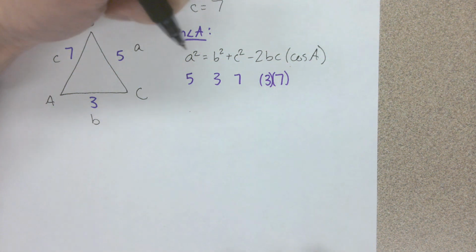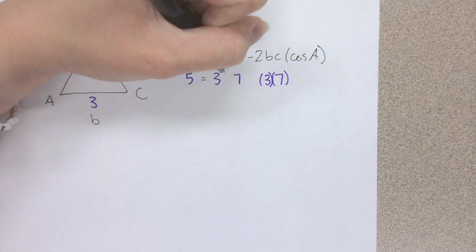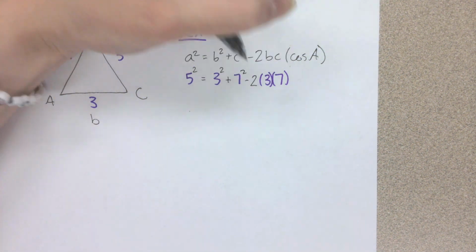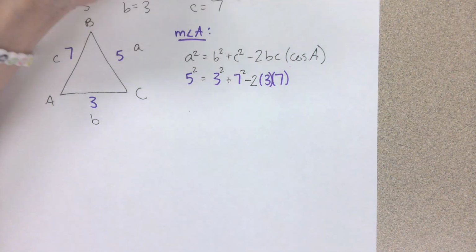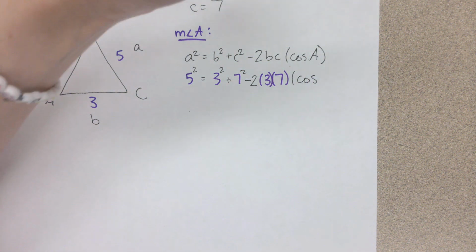So we have 5 squared equals 3 squared plus 7 squared minus 2 times 3 times 7 cosine of the A, we don't know, so A is still A.